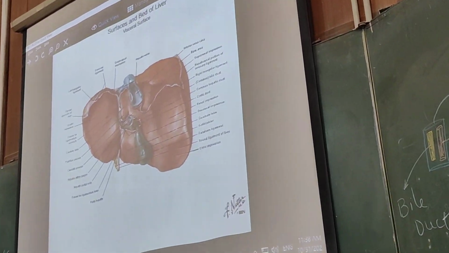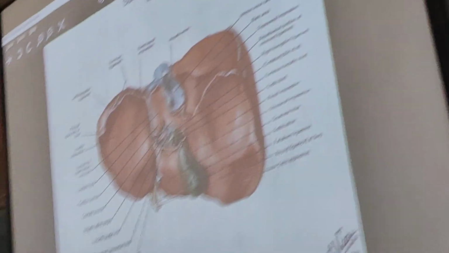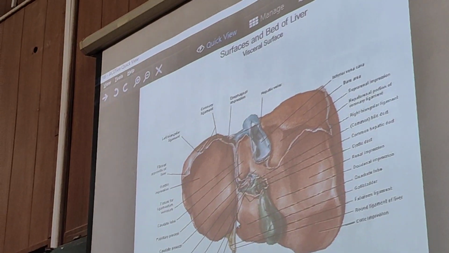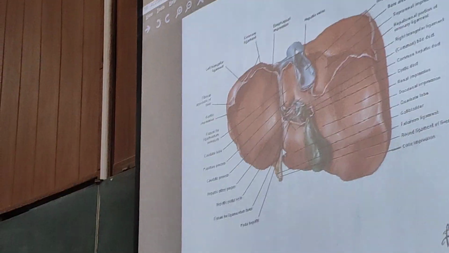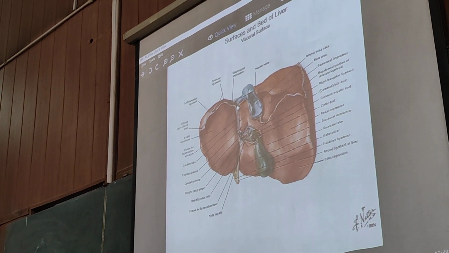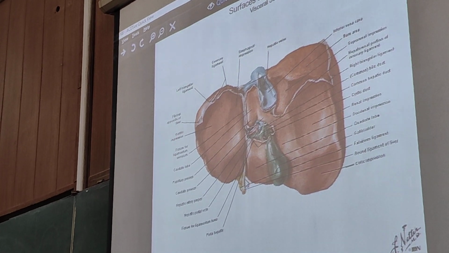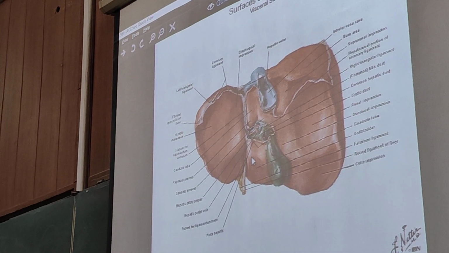Period because of the attachment of the lesser omentum and round ligament, divided into four lobes. Left lobe at the left of the omentum attachment and ligament trace.